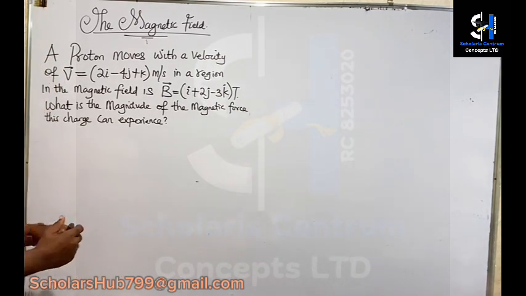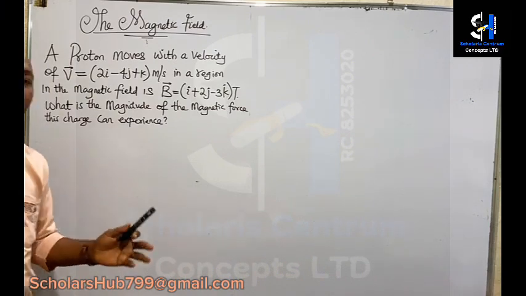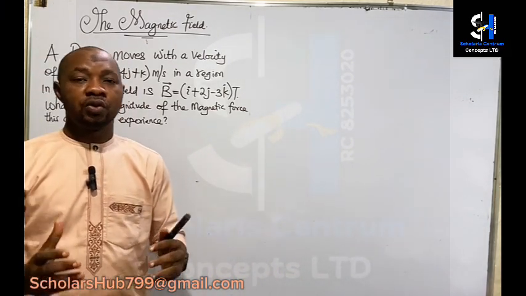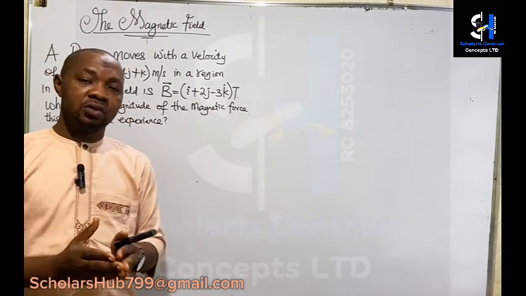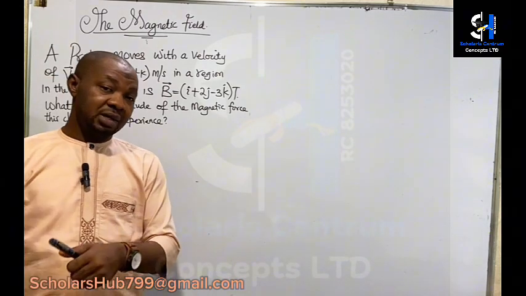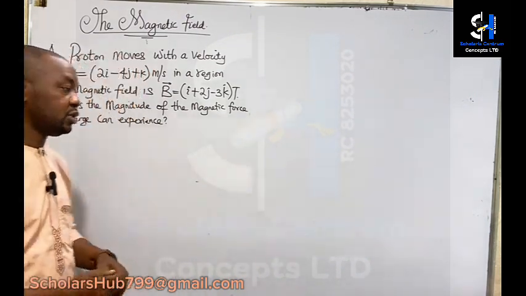Now, there's this equation which we are all familiar with, the equation connecting the magnetic force on the moving charge with the magnetic field intensity.